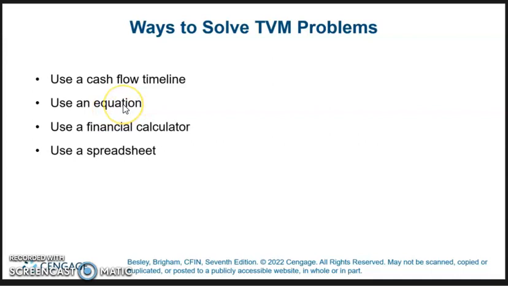In Canvas, there are examples of equations, financial calculator, and spreadsheet solutions. We also used to use interest rate tables. They've become obsolete because of spreadsheets and financial calculators. But you would literally look on a sheet of paper and multiply the amount of the loan by a factor to determine the payment, and so forth.